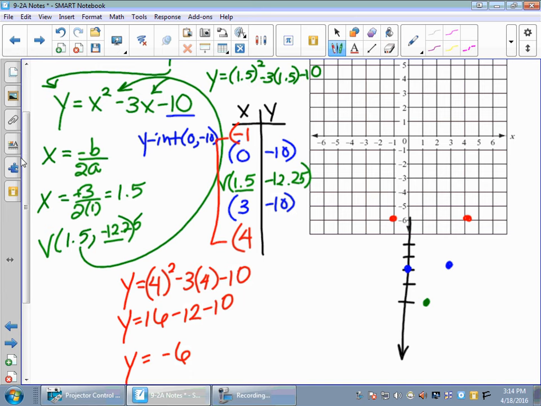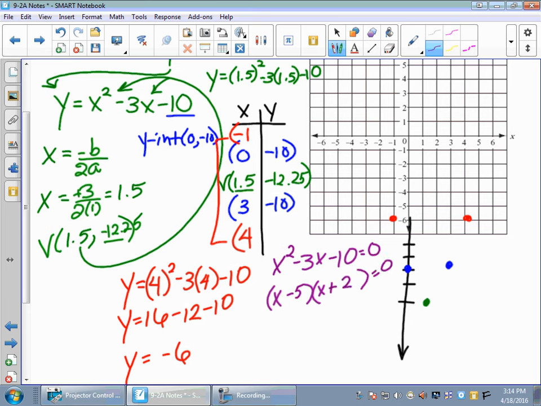So why don't we look at this and say, maybe I could use factoring to help me find those solutions. So let's just go ahead and take x squared minus 3x minus 10, and let's see what would happen if I used that value. What does this factor to when it equals 0? And so what multiplies to give me x squared would be x and x. What multiplies to give me -10? -5 and +2.